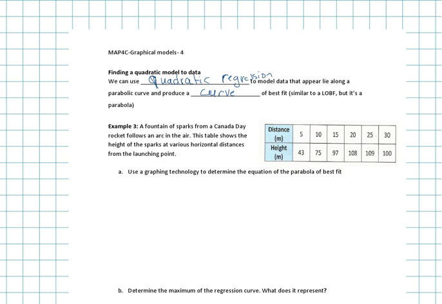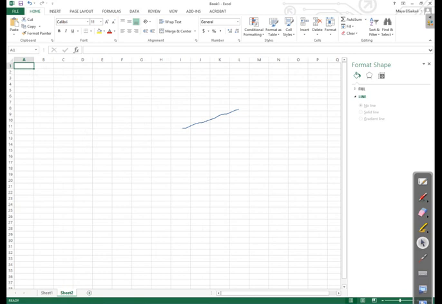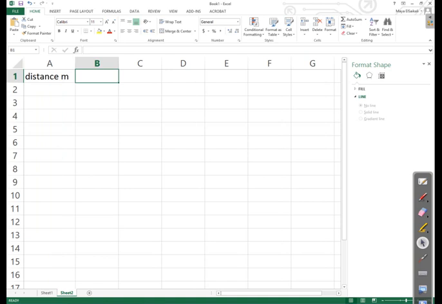So I'm going to go to the Excel document. You can open a new sheet. If you see at the bottom, there's that plus next to Sheet 1, so you can open a new sheet if you want. And then we're going to enter the data.